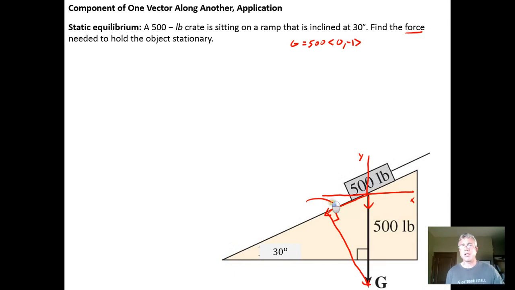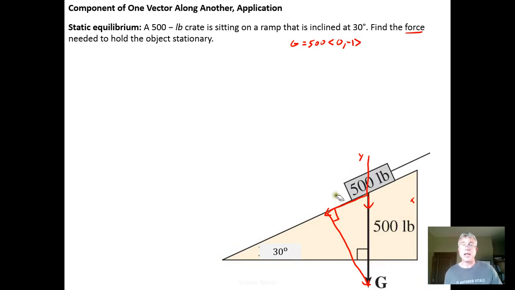Only the component of the force that's parallel to the ramp tries to get the block to move down the ramp. The component that's perpendicular to the ramp maybe serves to increase the friction, but it isn't going to make it move down the ramp.